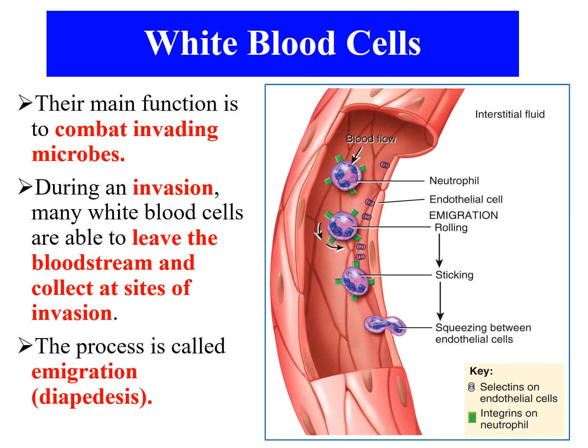The white blood cells have the main function of fighting off infection or removing invading microorganisms. Let's take, for example, a bacteria, and this bacteria infects the muscle cells. This infection is outside the bloodstream where the white blood cells are not present. The white blood cells are present within the blood.